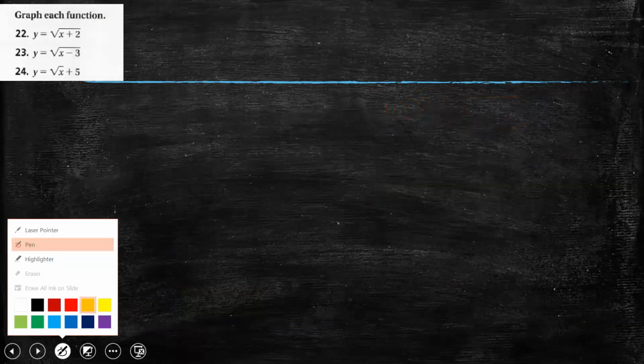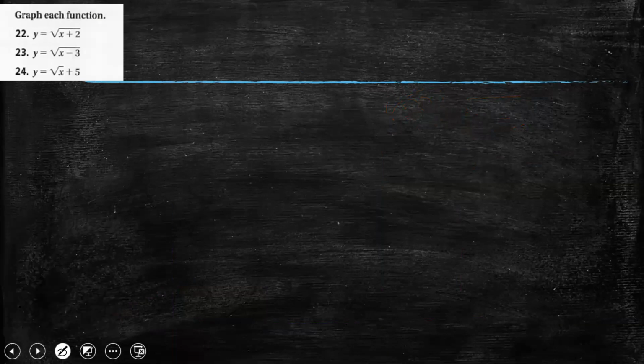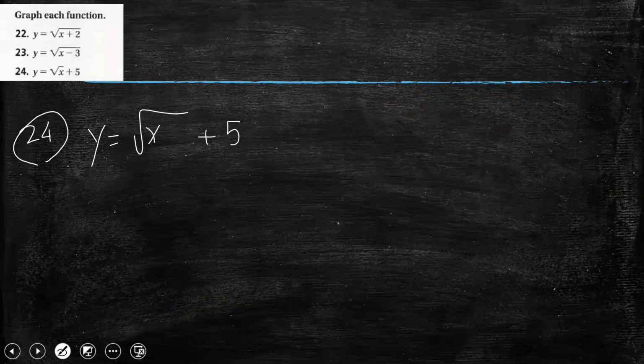Now, let's solve number 24. In number 24 here, we have y equals the square root of x plus 5. Now look at the number 5. Is it inside or outside the square root? Outside. Bravo. So it is like the square root of x plus k.